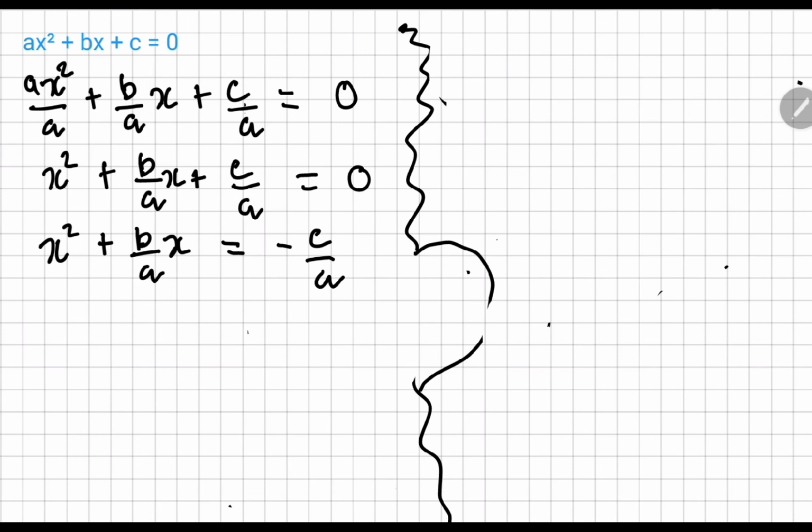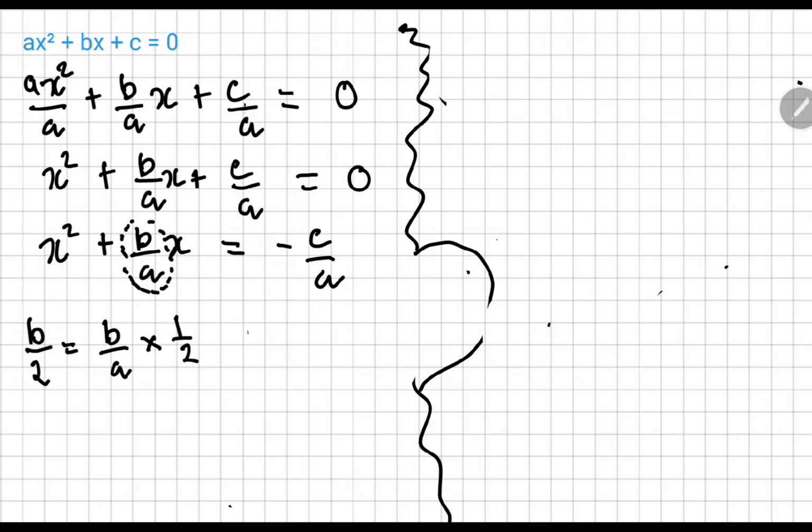Now the coefficient of x in this case, remember the b term always represents the coefficient of x, is now actually b over a. Okay, so b over 2 is going to be b over a divided by 2. To divide by 2 also means to multiply by a half.